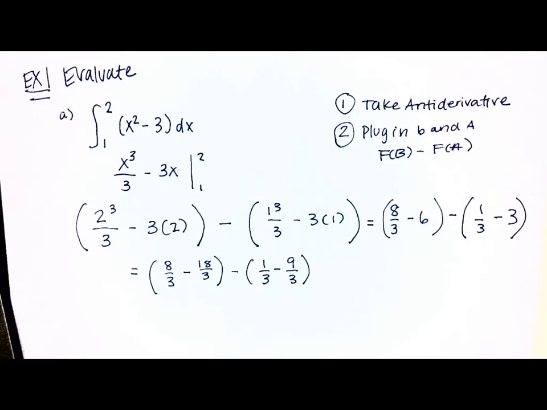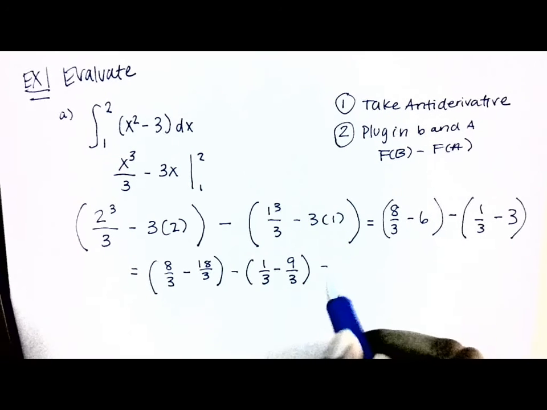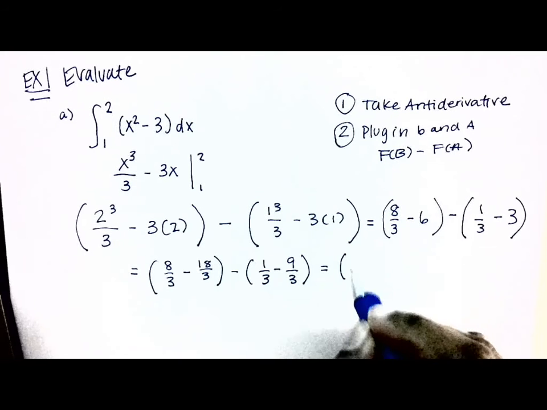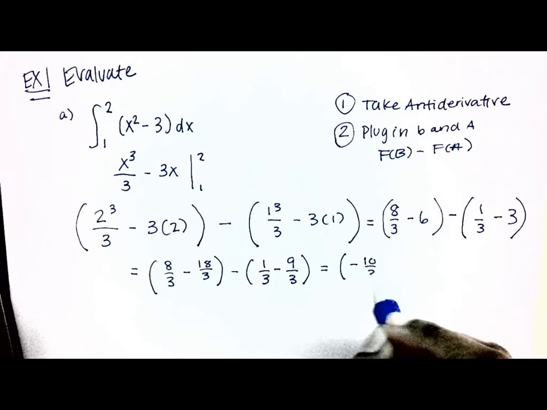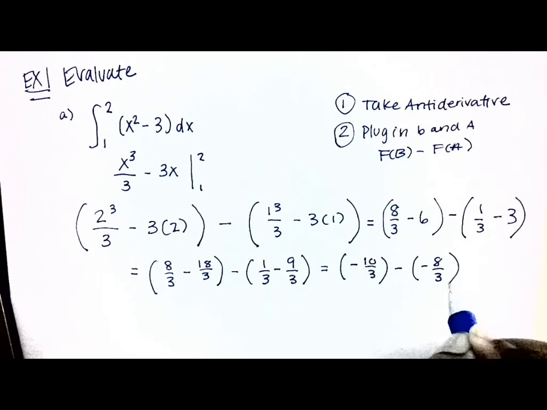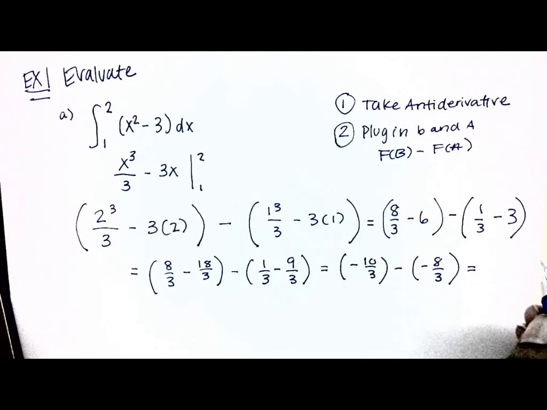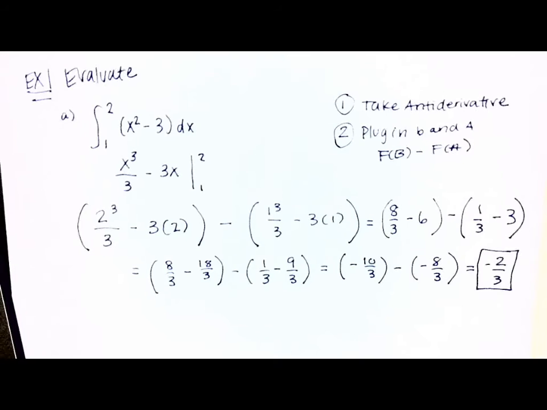So let's get our fractions in order. Equals negative 10/3 minus negative 8/3, which equals negative 2/3. Yep.